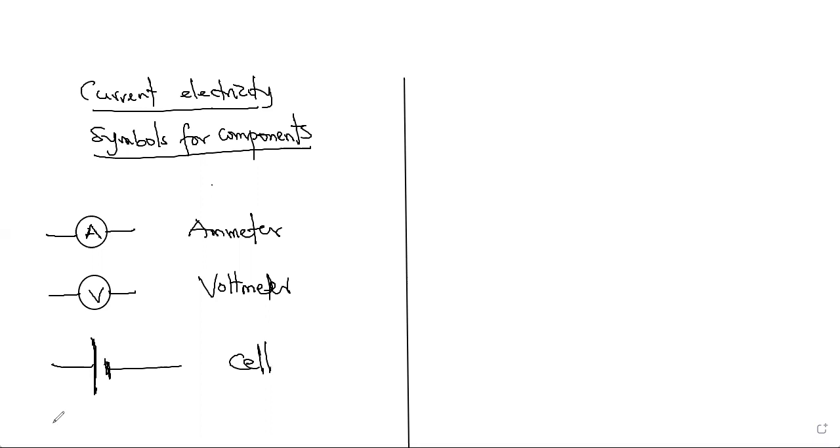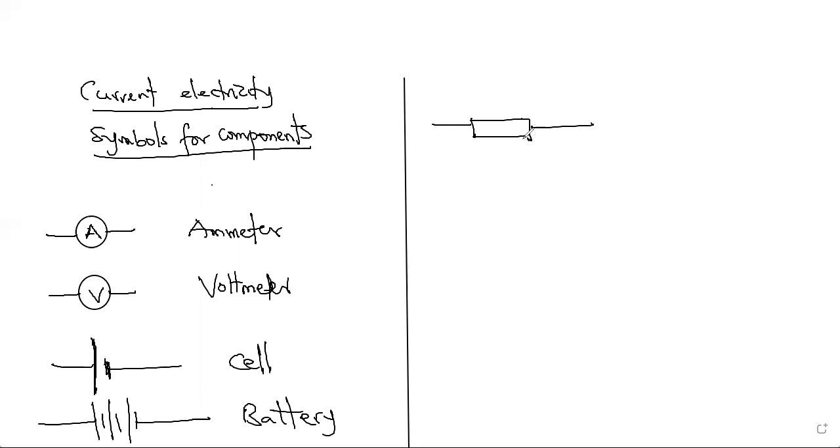When you have more cells connected in series, like that, this is a battery. Then you also have the resistor, which you saw in the previous video. A resistor can be drawn like this, or like this. So these are resistors.